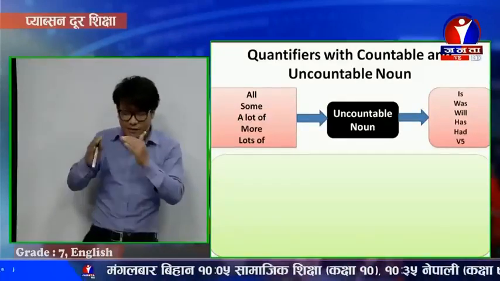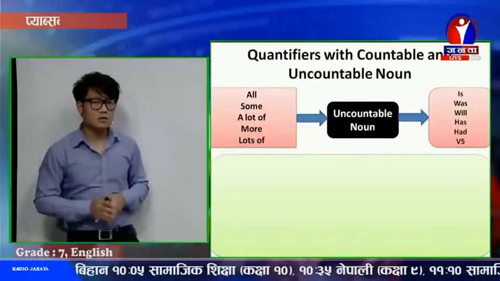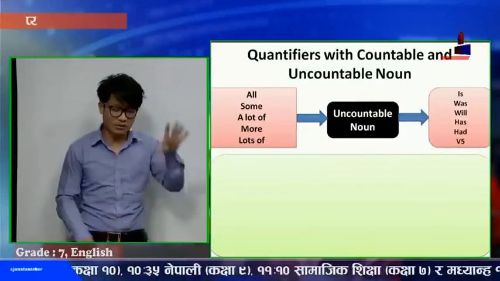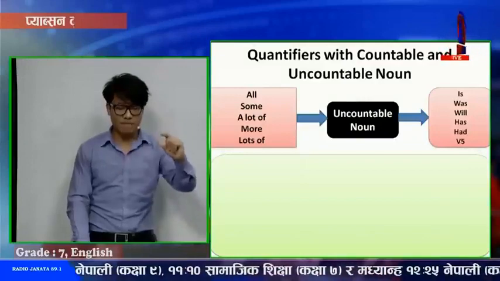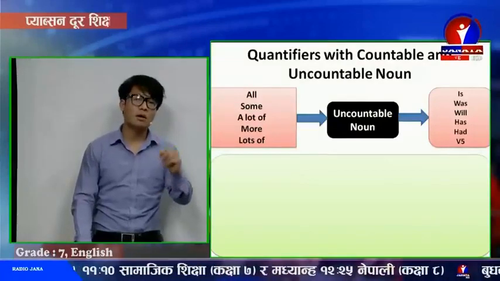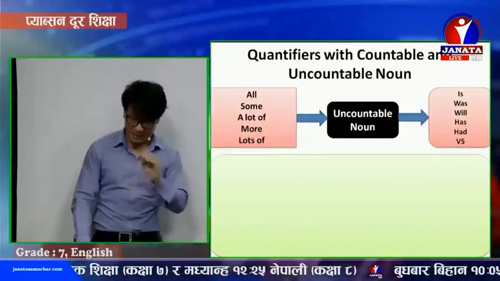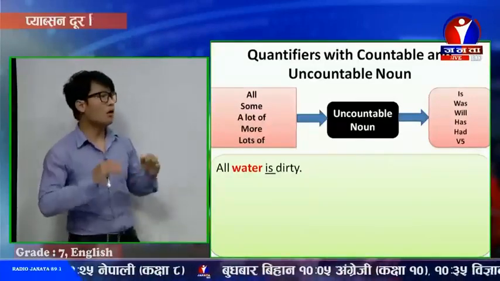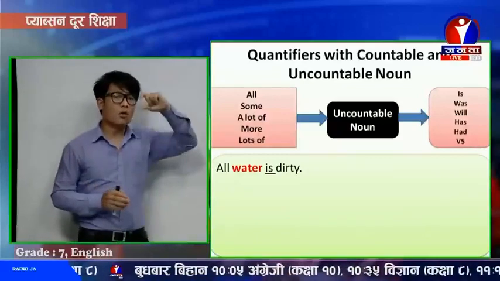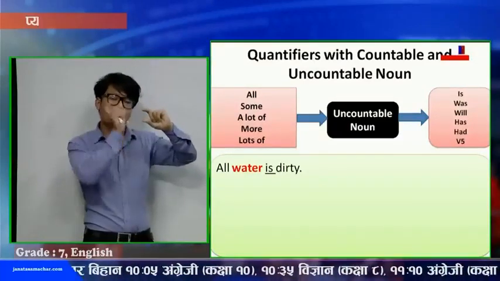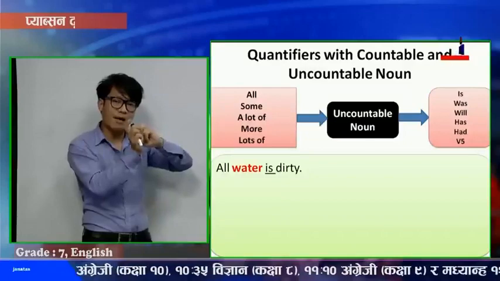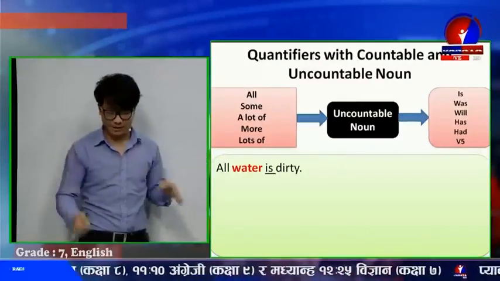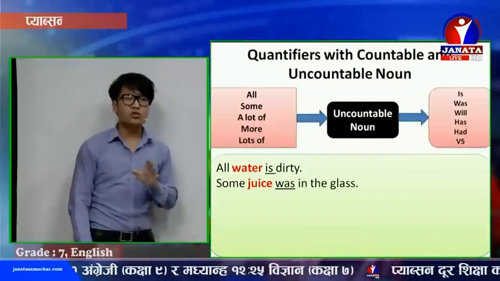So these are the verbs which can be used if there is an uncountable noun after these quantifiers, which are all, some, a lot of, more, and lots of. Let's have an example. All water is dirty. So all is there, and after all there is water. Water is an uncountable noun. That's why there is is. All water is dirty.